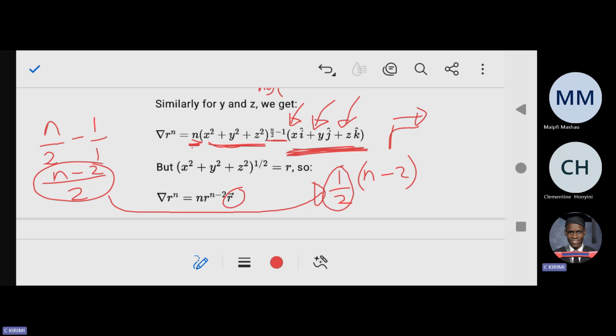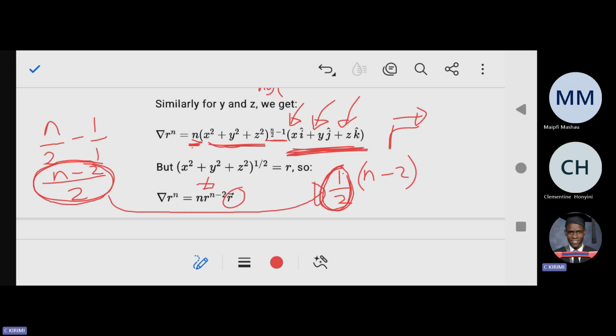Then all of a sudden, I got n minus 2 over 2. And after that, I got half multiplied by n minus 2. But here, I don't have half multiplied by n minus 2. This half is contained in the r. It's already there in the r.